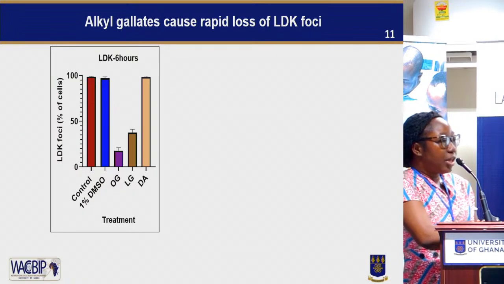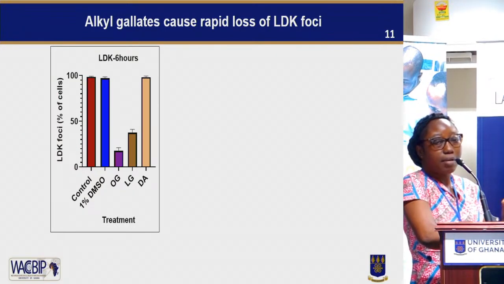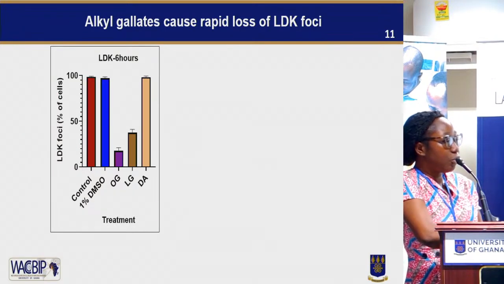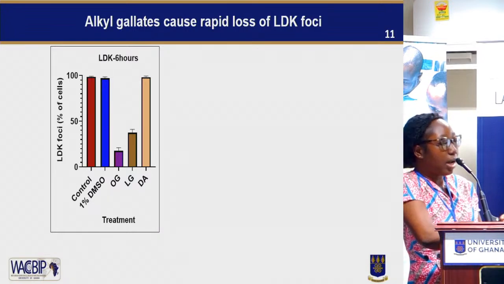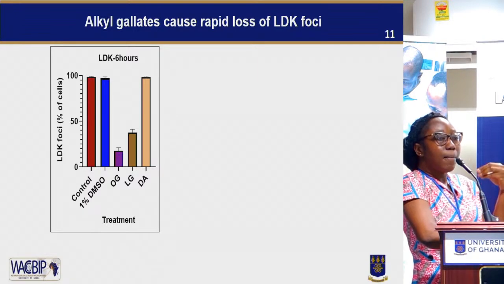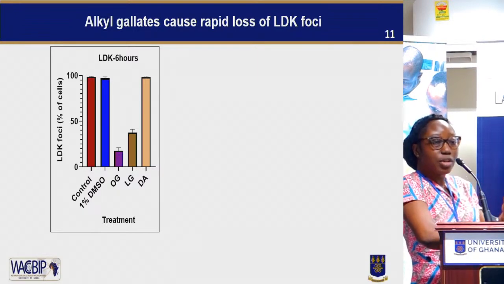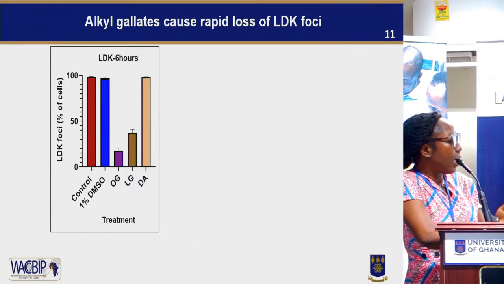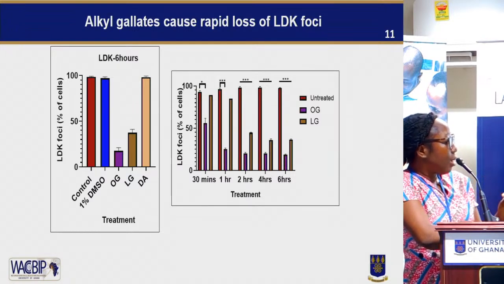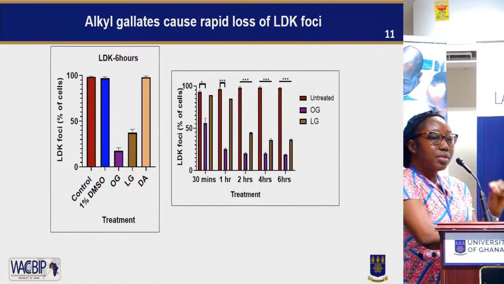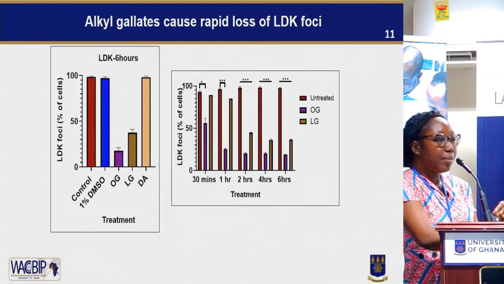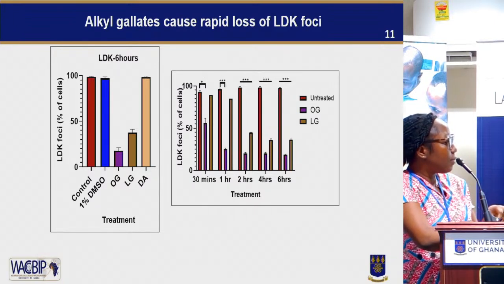So in terms of quantification, we look at the percentage of cells that have this kinase foci within the different treatments. And here it was observed that octyl gallate also lost this kinase foci. So we wanted to know at what point these cells start actually losing their kinase foci. And it was observed that as early as 30 minutes, about 50% of cells that were treated with octyl gallate showed a significant reduction in the percentage of cells with kinase foci.